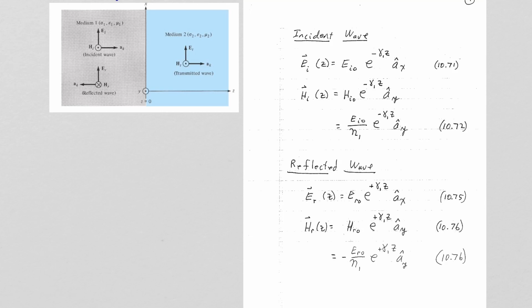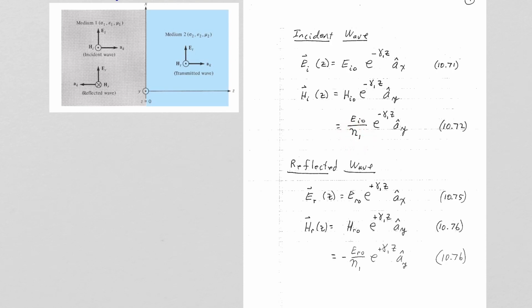Here are the incident electric and magnetic field intensities using phasor representation, and we'll write the magnitude of the magnetic field intensity using the magnitude of the electric field intensity and the intrinsic impedance in material 1.